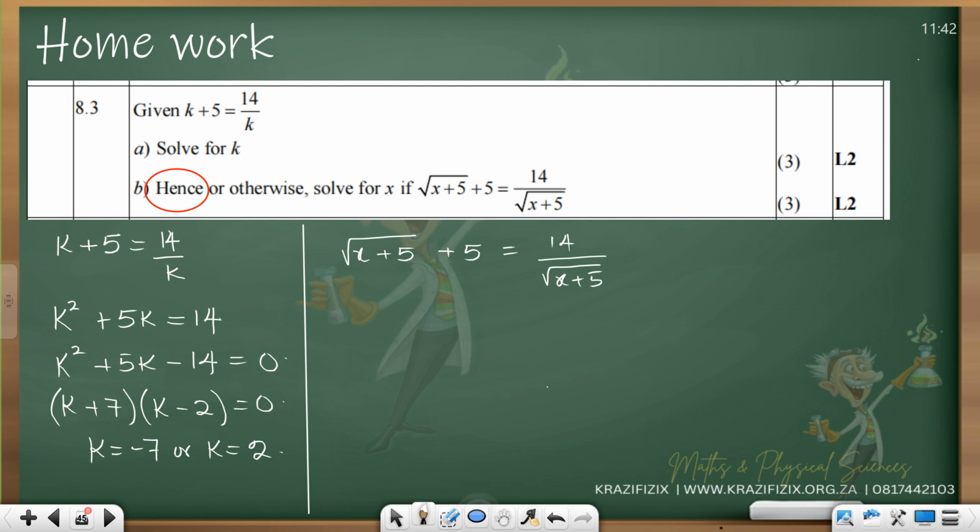What do you notice? Do you notice that this is K? K plus 5 over 14. Do you notice that K? Oh, so our K is actually from here, but I know the value of K. So negative 7.